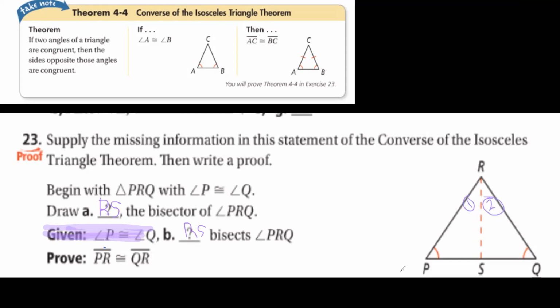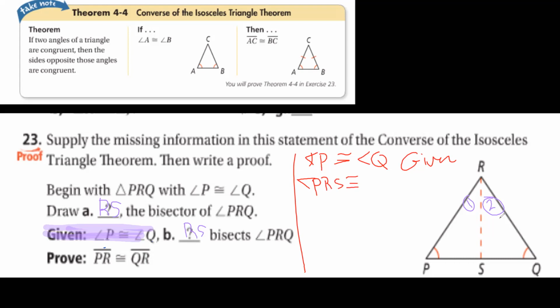So because of that, I will say now angle P is congruent with angle Q. It's given. And RS is a bisector. So it cuts the angle PRQ into two equal halves.